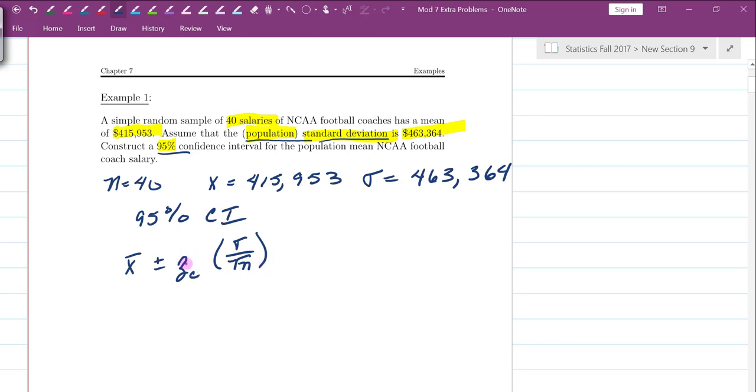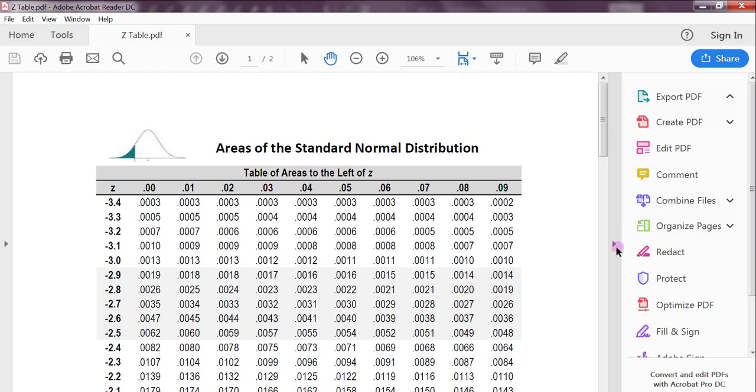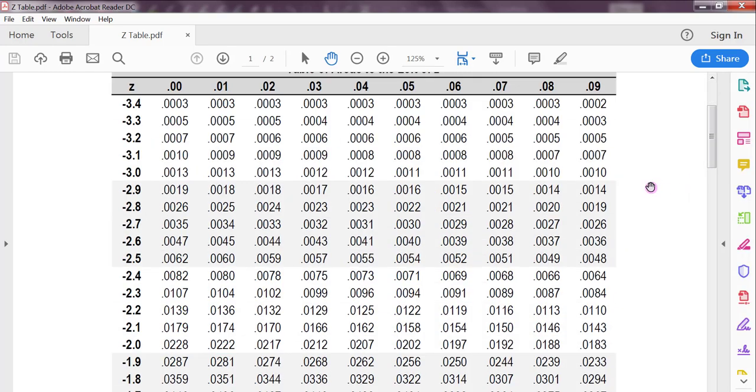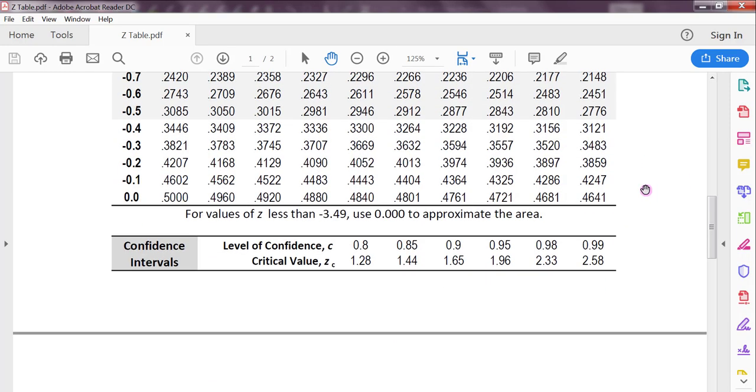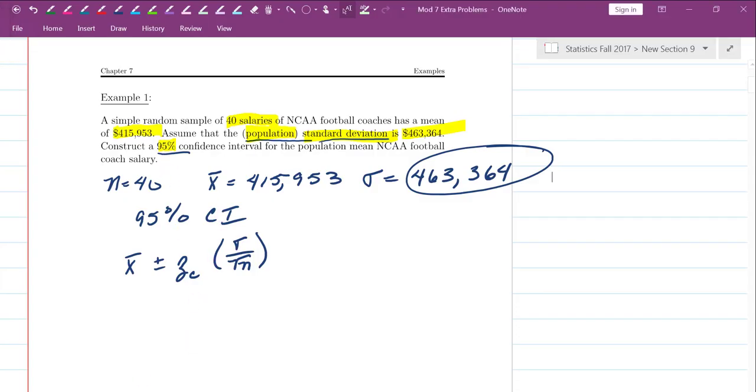So I need to look up what is my Z sub C. I know my X bar value, it's this value right here. I know my sigma. It's right here. I know my sample size. It's right here. And okay, so here is my Z table. On your Z table at the very bottom, we have the confidence, the critical values. So we wanted a 95% confidence level.